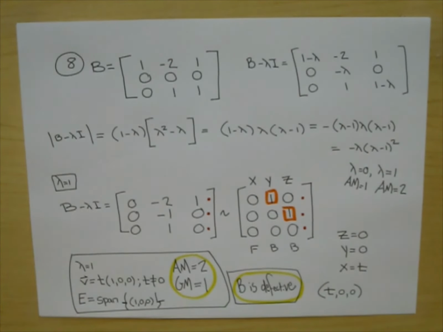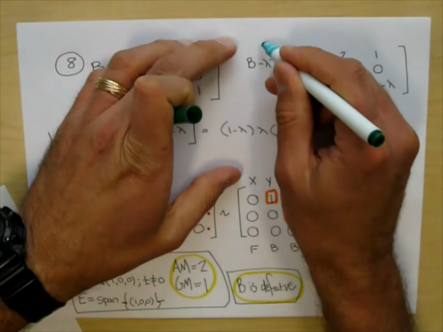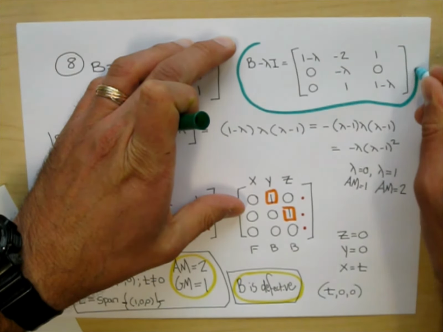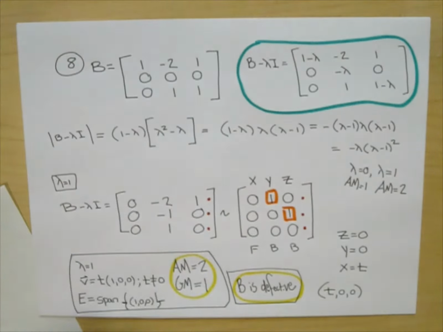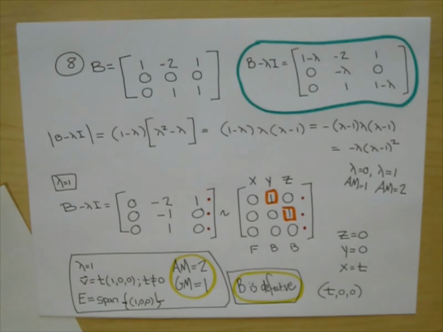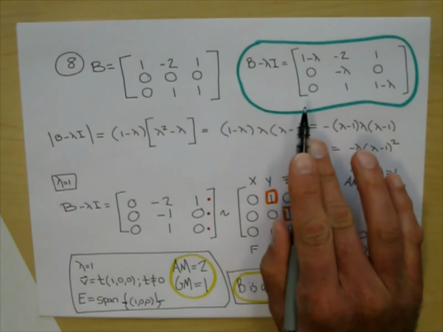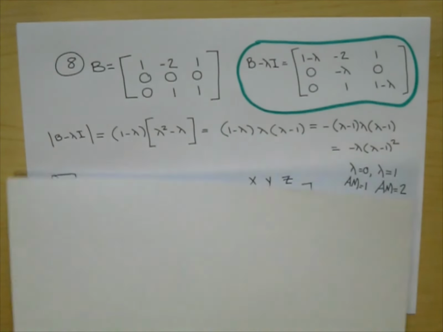Now we still want to find the other eigenvalue eigenvector pairs, so let's go ahead and do that. We now have, and I forgot to do this, I forgot to circle this in green. Get that matrix there. I'm going to let lambda equals 0 and put it into this matrix here.